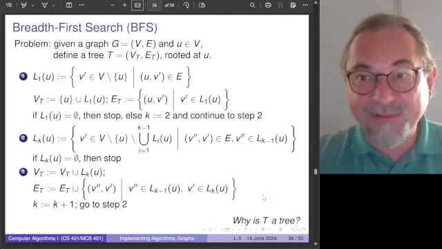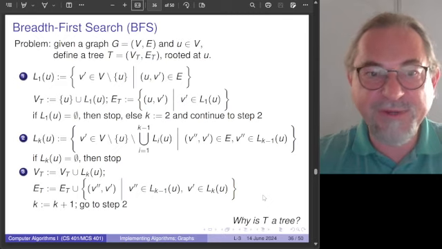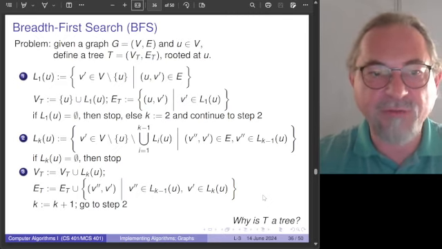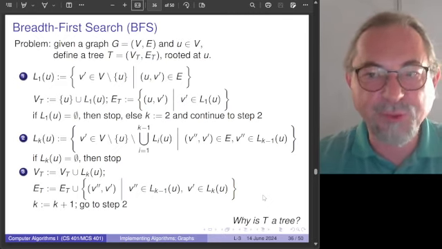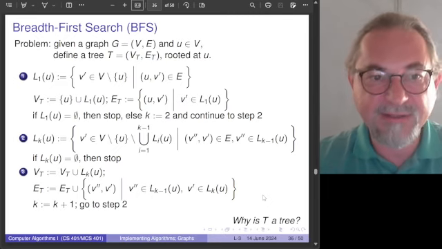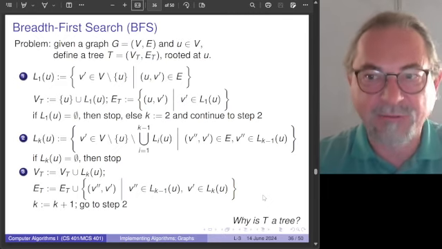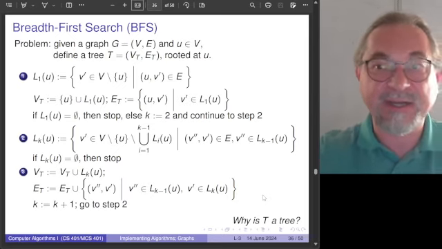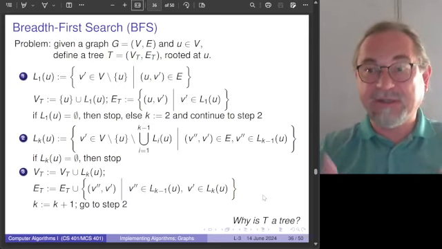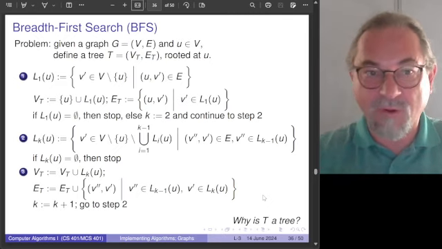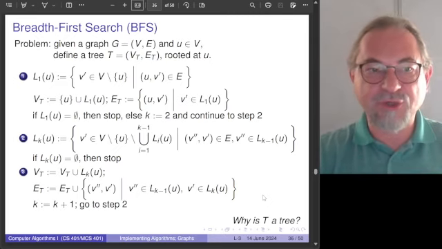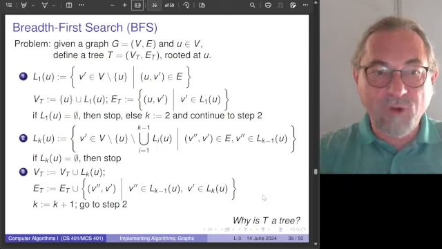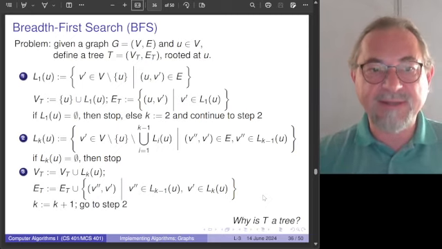If there are no neighbors of U, then we actually are already done. Otherwise, we are computing the second layer. We will have a counter K, which will count the layers and actually counts the distance, if you like, from the vertex U. So you see the formula to compute the kth layer.